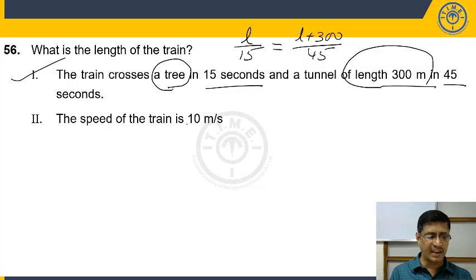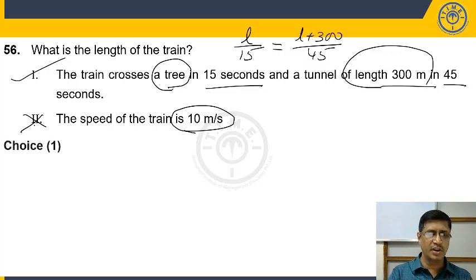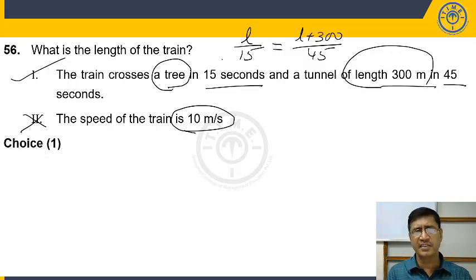The speed of the train is given here, 10 meters per second. Only speed is given. We don't know the time, and without knowing the time or the object, it is not possible to answer the question. So 1 is possible, 2 is not possible. So what is the right choice? Option number 1.